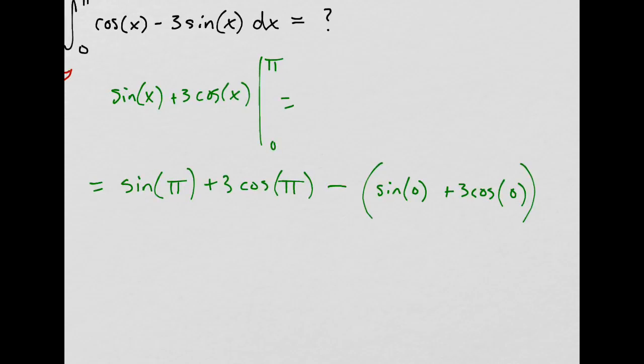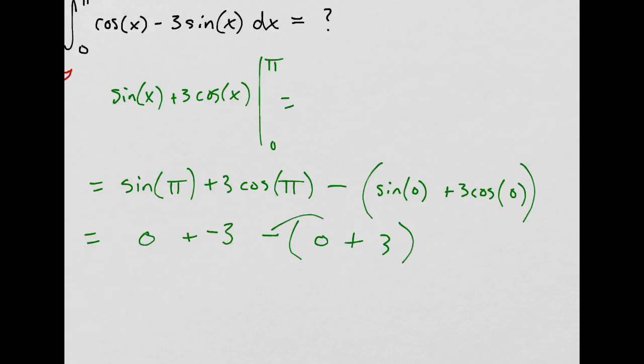Now we evaluate that. Sine of pi, just from the unit circle, is 0. Cosine of pi is negative 1, so that's plus a negative 3, because negative 1 times 3 is negative 3. Minus, parentheses, sine of 0 is 0, plus cosine of 0 is 1, so it's plus 3 times 1.